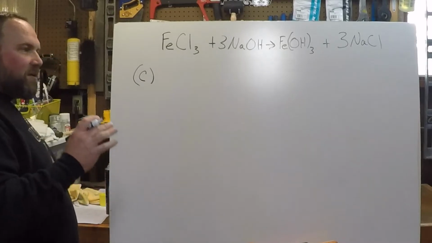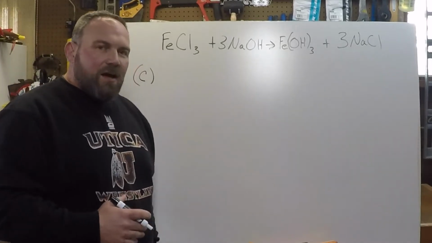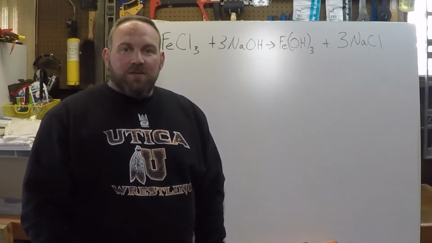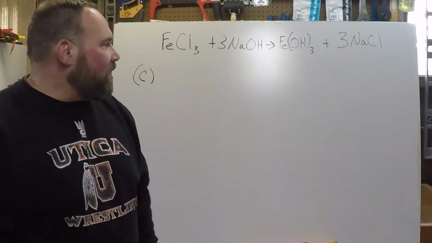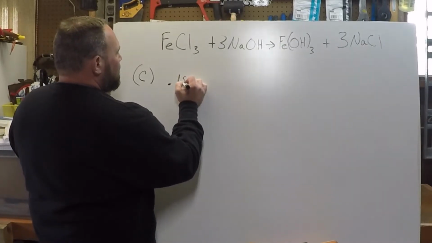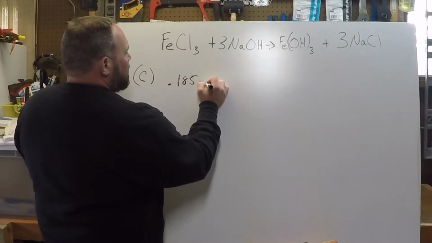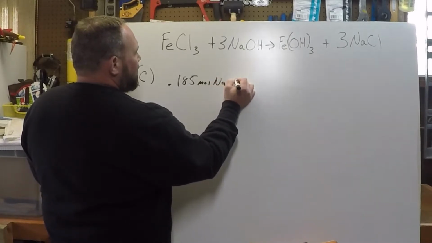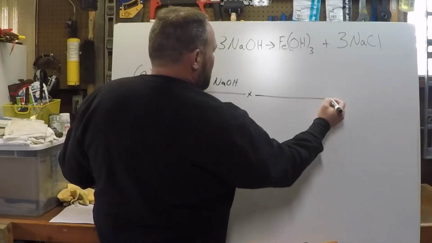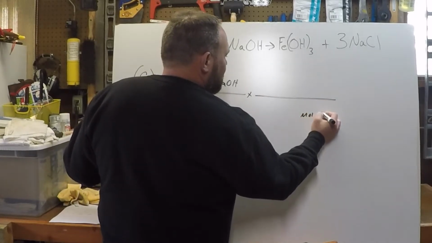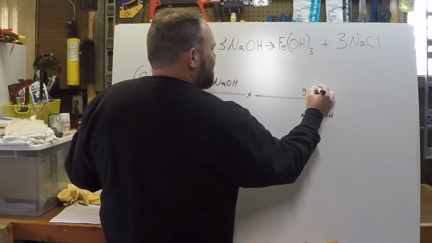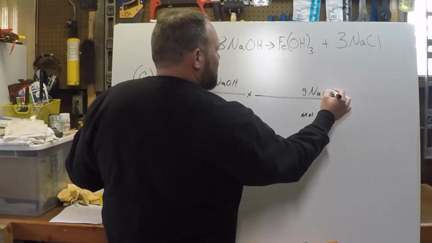So this is where we take our moles of sodium hydroxide back to grams of sodium hydroxide. Again, this is another type of problem that you know how to do. We had 0.185 moles of sodium hydroxide. A mole of sodium hydroxide is the same as the molar mass of sodium hydroxide.